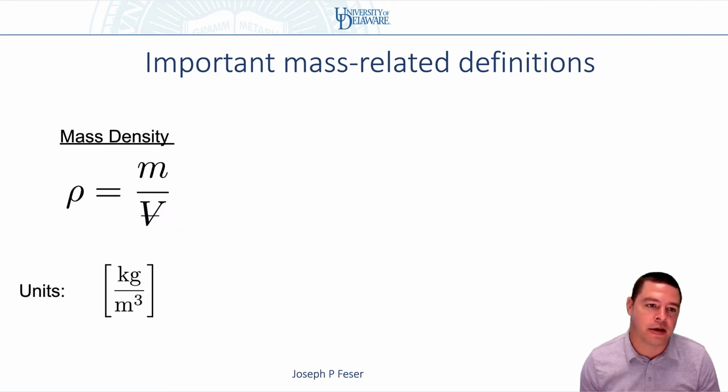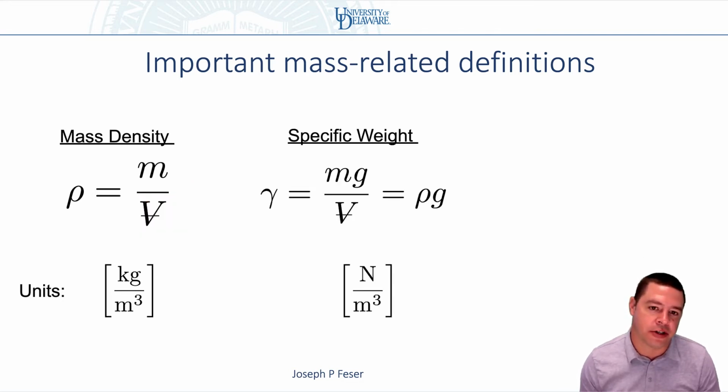There's a related definition. It's sort of like density, but it's more related to how much stuff weighs. So there's a type of density called the specific weight. It's given the symbol gamma, and it's really just the density times whatever the gravitational constant is. So it's kind of like the number of newtons per meter cubed rather than the number of kilograms per meter cubed.